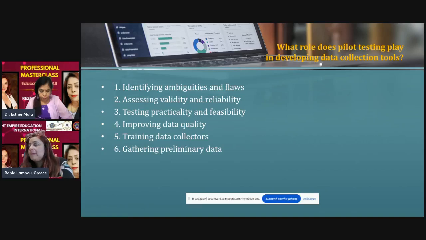Finally, it provides initial data that can be analyzed to make early adjustments, so it helps determine if the tool captures useful, actionable information. So pilot testing acts as a trial run that helps developers refine data collection tools to be clear, accurate, and practical, ultimately improving the quality and usefulness of the data collected.